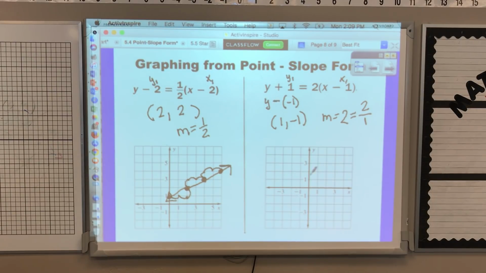So to graph, I'm going to start by going over 1, down 1 at that ordered pair. From there, I'm going to go up 2 and over 1 to get my next dot. And again, if you want more help to draw a nice straight line, you can keep going with that slope of up 2, over 1, or you can keep going down 2, back 1. Okay? Getting more dots to connect so you have a nice and straight line. And there's your graph. Okay? And that is point slope form.